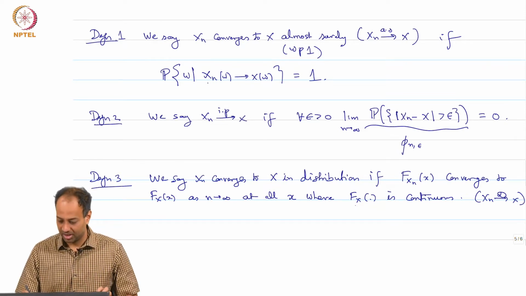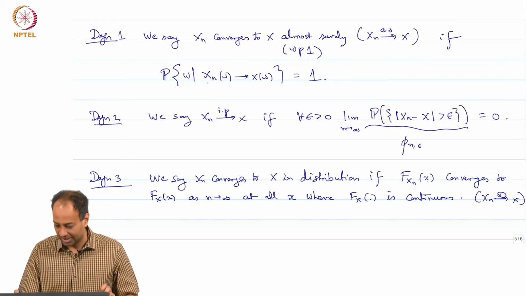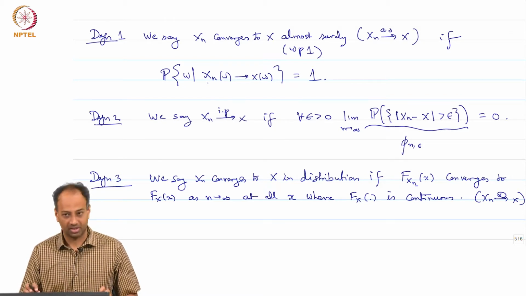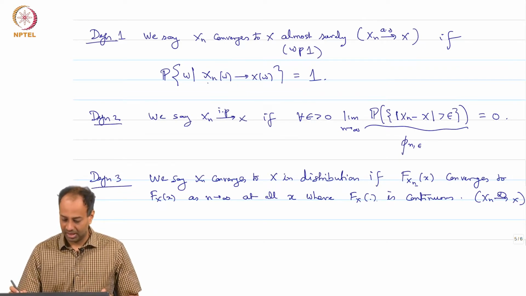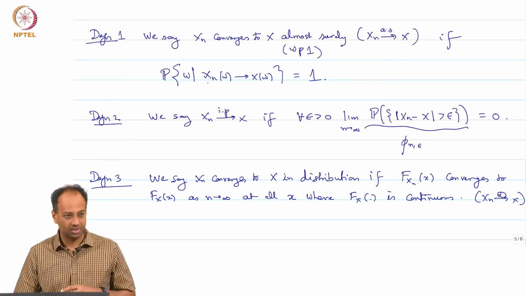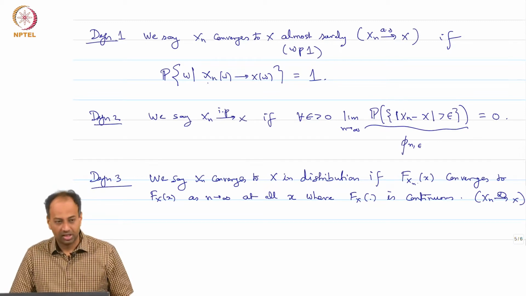You fix a little x, send n to infinity, and look at whether F Xn of x converges to F X of x. If this happens for all little x wherever F X is continuous, where the limiting distribution is continuous, then you say Xn converges to X in distribution.